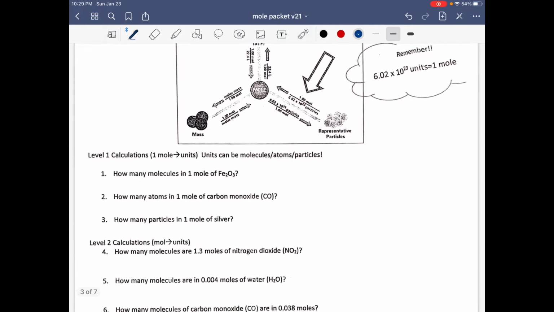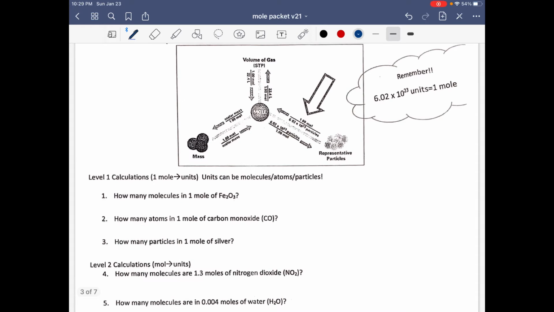For the next section, this is the number of units in 1 mole, 6.02 times 10 to the 23. Units can be molecules, atoms, or particles. For this first section, it's asking for molecules, atoms, and particles in 1 mole of all these elements. It's always the same for each element.